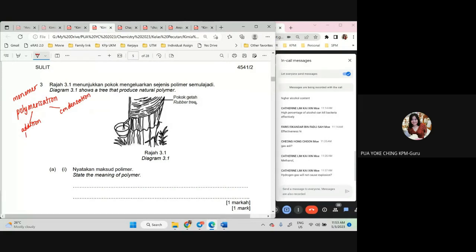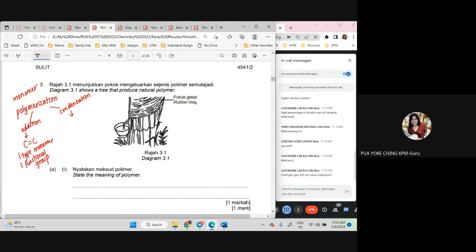So addition usually involves C double bond C, and you only need one type of monomer, one type of monomer and one functional group. And the functional group involved is usually your carbon-carbon double bond.